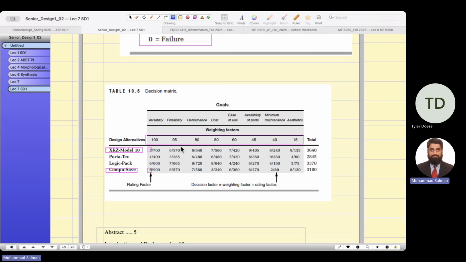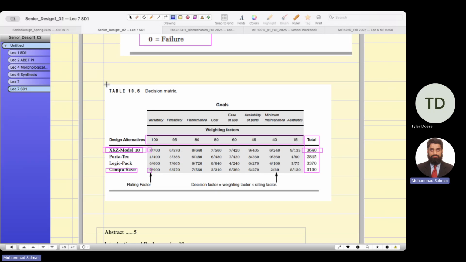So now look, what is the winning design? You will see this is the winning design, 3640 XKZ Model 10. This is a name given at your discretion. You can give your own name, ABC or whatever. It doesn't matter. But have you understood how we find the winning design?